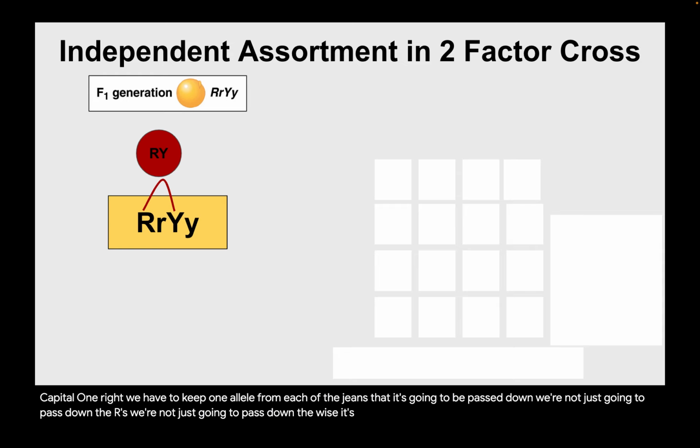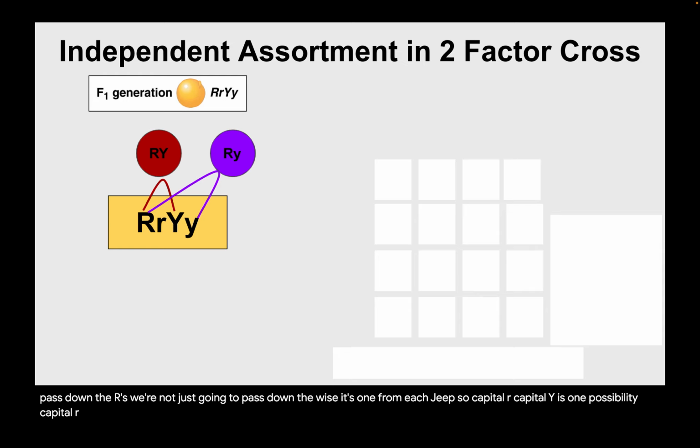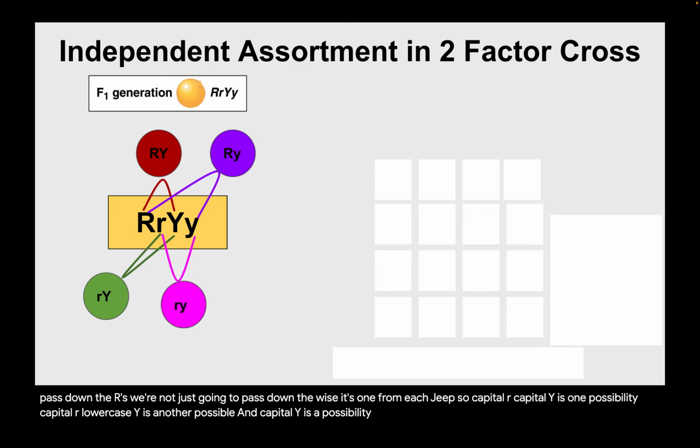It's one from each gene. So capital R, capital Y is one possibility. Capital R, lowercase y is another possibility. Likewise, lowercase r and capital Y is a possibility, as well as lowercase r and lowercase y.